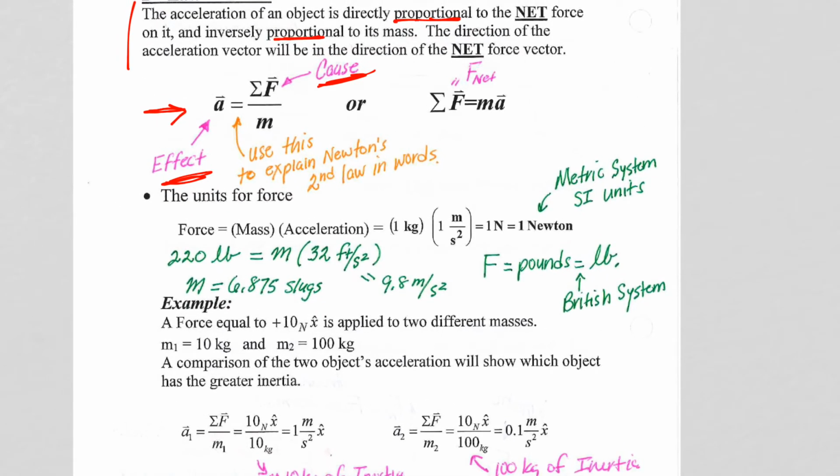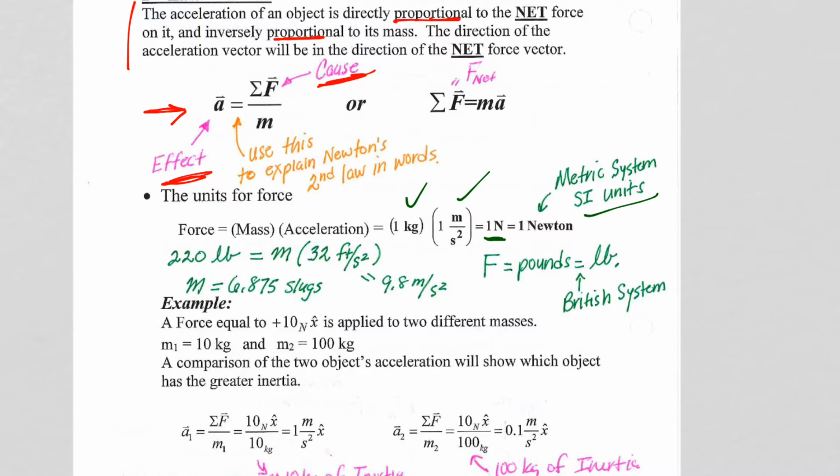Units. For our units for force, we now can put them in our base SI units, metric system. Mass is in kilograms, acceleration is in meters per second squared, and that is called 1 Newton of force. So 1 kilogram meter per second squared is 1 Newton of force.